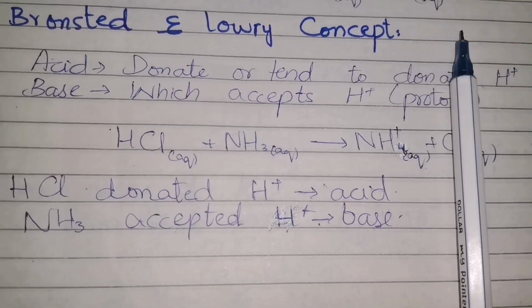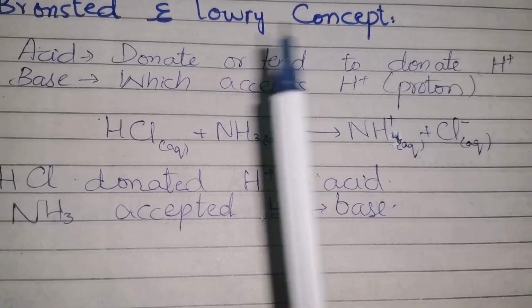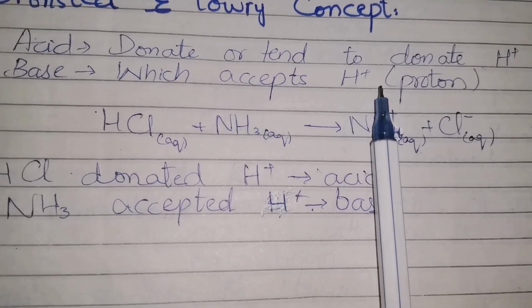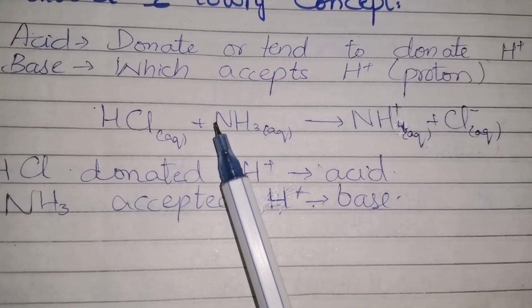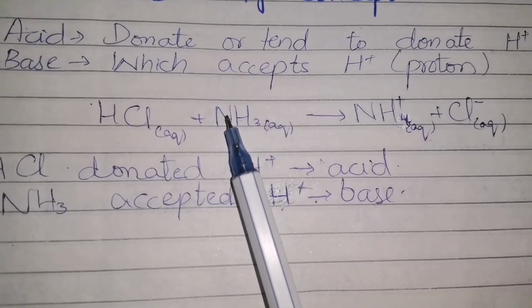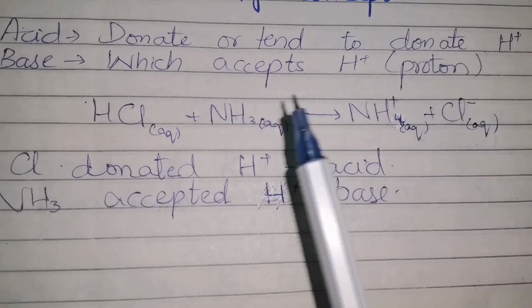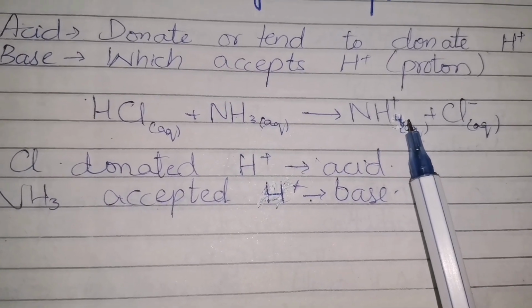According to the Brønsted and Lowry concept, an acid is a substance which donates a proton and a base is a substance which accepts a proton. Now take the example where HCl reacts with NH3. It donated its proton to NH3 and converted into Cl negative ion, and NH3 turned into NH4 positive.